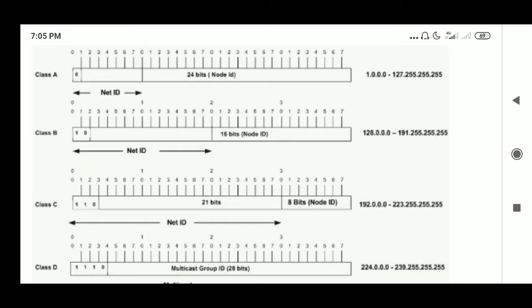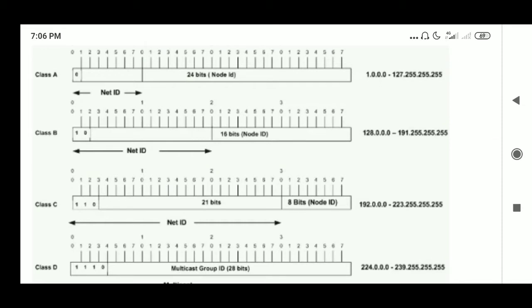host itself. And when we talk about the host IP addresses, they can use 24 bits. So the total addresses for the host are 2 raised to power 24 that can be used for the host IP addresses, but all zeros and all ones we cannot use. All zeros denotes the network address and all ones denotes the broadcast address.